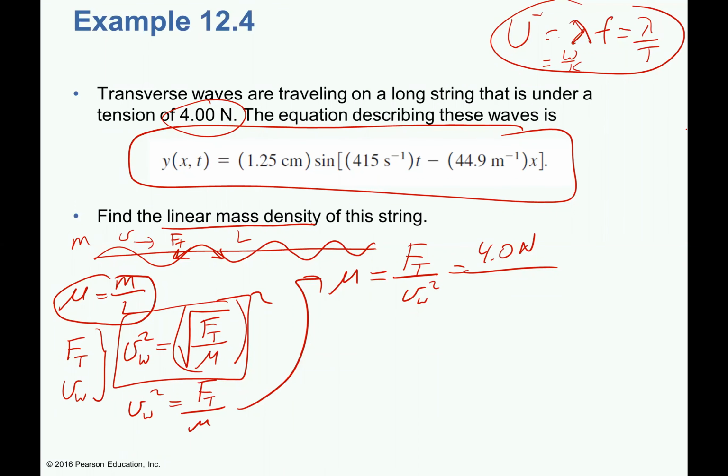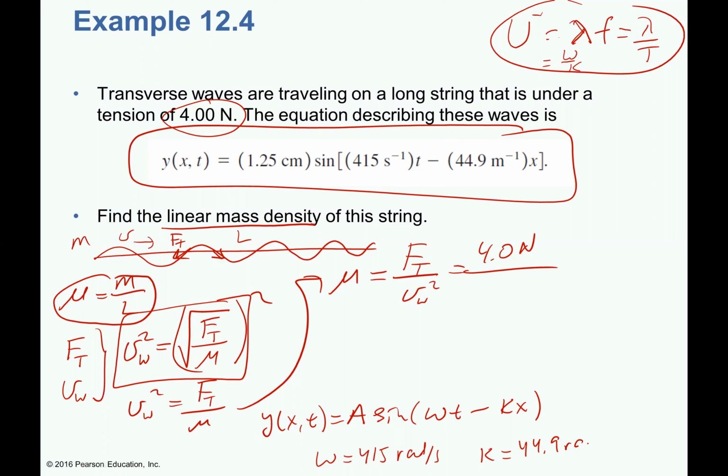All right, so let's look at this equation. This equation has the format y(x,t) equals amplitude times sine of omega t minus k x. From here, I can see that omega is 415 radians per second, and k is 44.9 radians per meter.